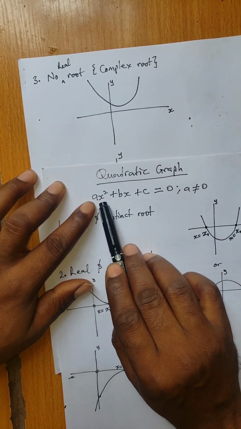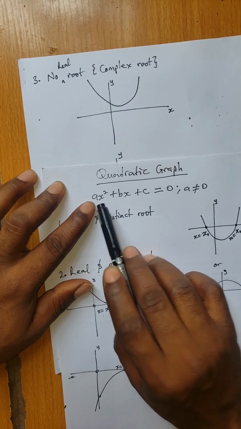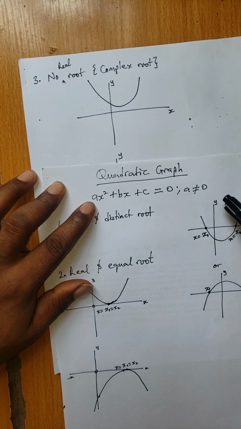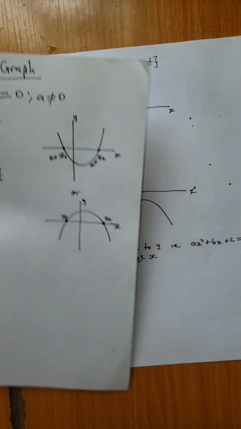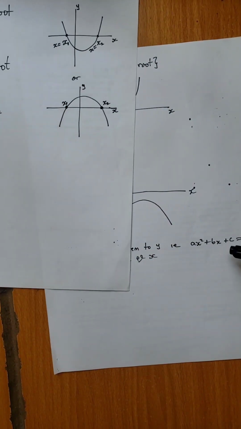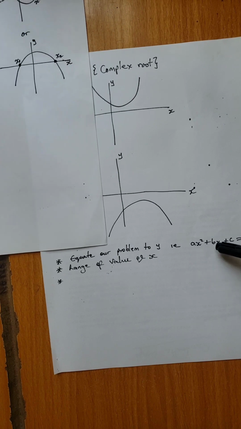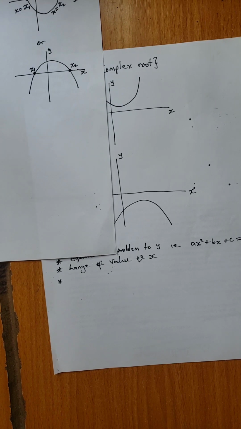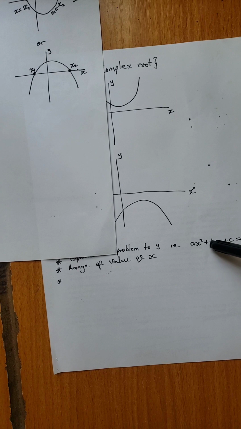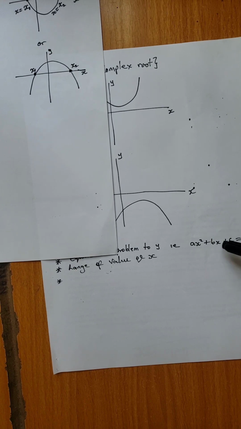Because you have your x only as the variable, and in a Cartesian plane there is x and there is what? y. So most times what we will be given to plot is going to be ax² + bx + c = y, or you can read it as y = ax² + bx + c.